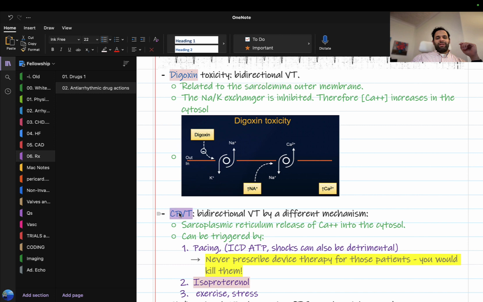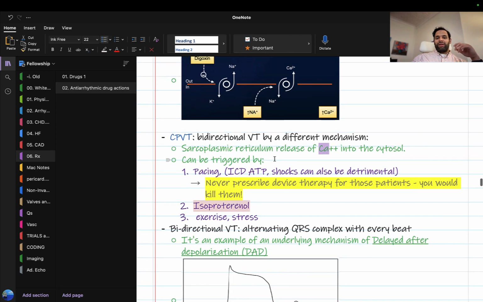Well, CPVT, catecholaminergic polymorphic ventricular tachycardia, is a condition that causes bidirectional VT by a different mechanism than the one that we discussed. The sarcoplasmic reticulum release of calcium into the cytosol can be triggered by anything that will promote the release. So remember, a sarcoplasmic reticulum will want to give calcium whenever there is a potential.